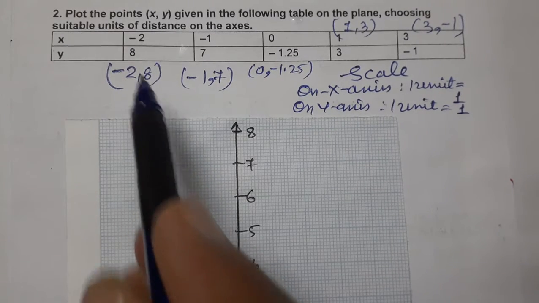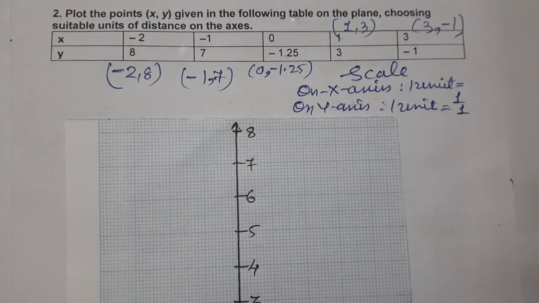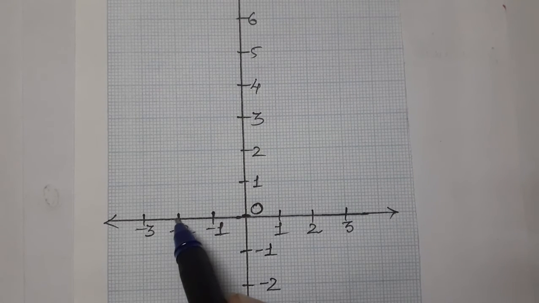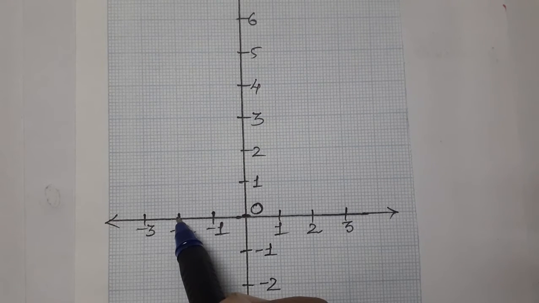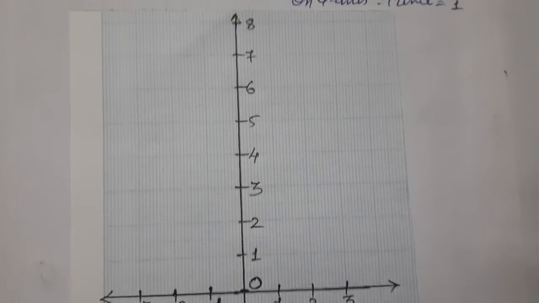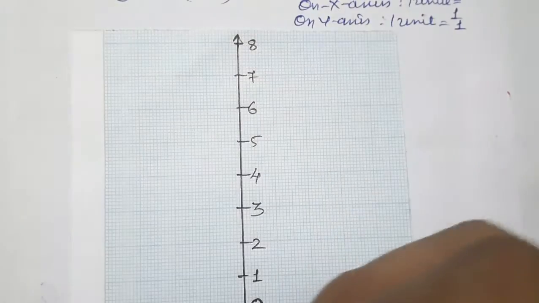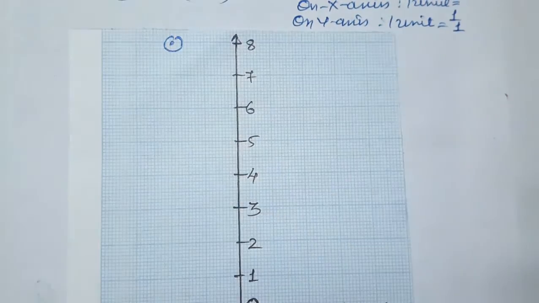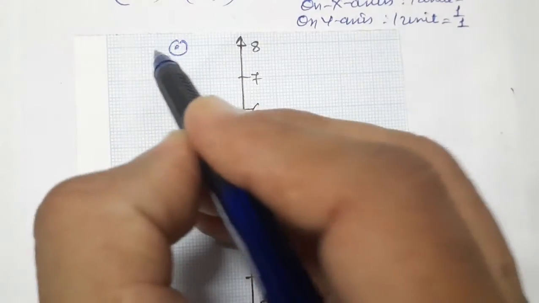First one is minus 2, 8. X is minus 2, y is 8. So x is minus 2 here, and for y we have to move 8 points along the y-axis. So where is 8? Here. Minus 2 and this is 8. So this point is minus 2, 8.